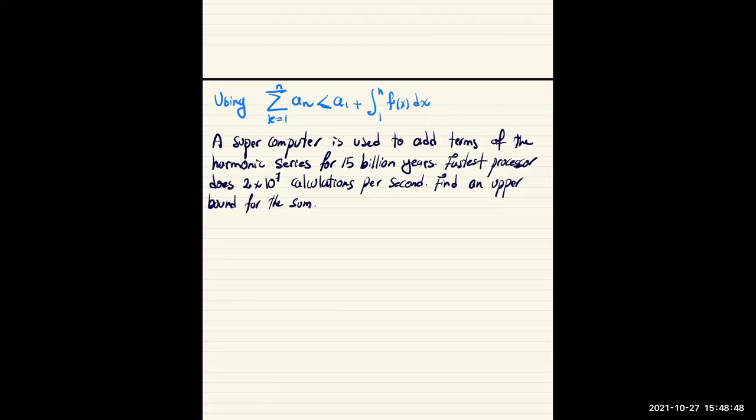So here you want to figure out what n is. N is the total number of computations that you're going to do throughout the period of 15 billion years using this much calculation per second. That tells you how many terms of the sum you're going to be adding. N is the number of terms to be added.